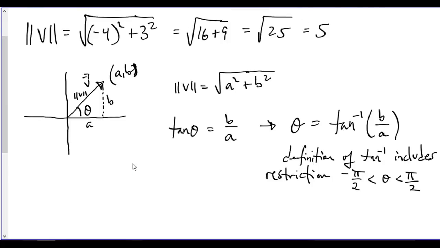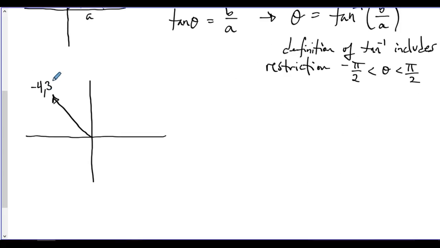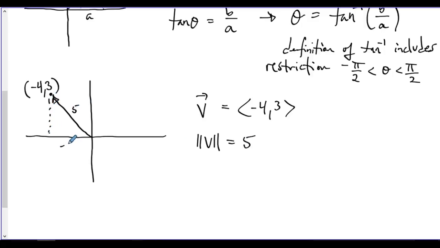So if we go back to the example we're looking at, you see it's actually in the second quadrant. So I write parentheses to indicate the point, the terminal point, and I use these brackets to indicate a vector. And we know the magnitude is 5. And this is a -4 here in this direction, and this is a +3 in this direction.